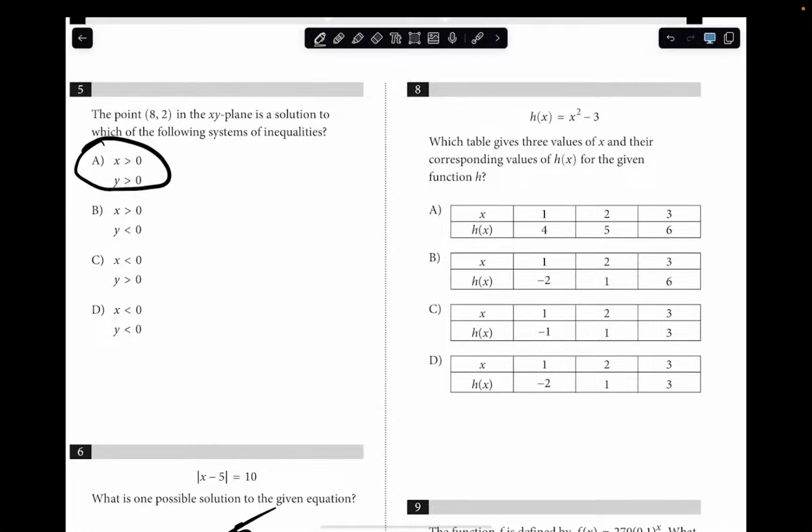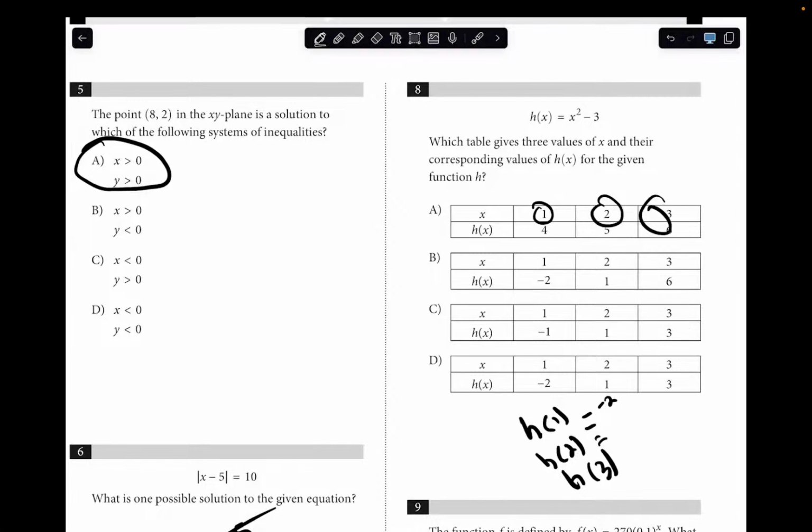So given the expression, this table gives 3 values of x and their corresponding h of x for the given function h. So if I plug in, it's just 1, 2, or 3, right? So it's basically saying h of 1, h of 2, h of 3, which if I plug in 1 squared is 1, minus 3 is negative 2, so the first one's negative 2.